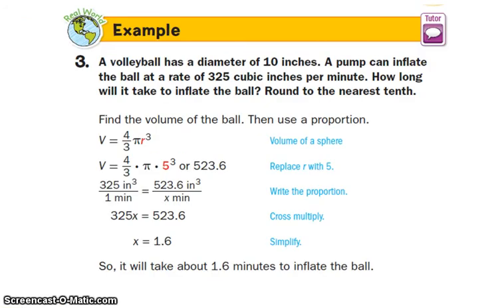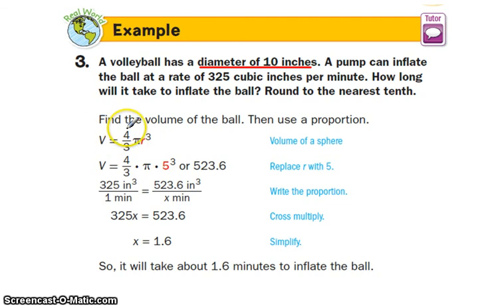Alright, on to the next example. A volleyball has a diameter of 10 inches. A pump can inflate the ball at a rate of 325 cubic inches per minute. How long will it take to inflate the ball? Round to the nearest tenth. What we have to do first is find the volume of the volleyball. They told you that the diameter is 10 inches, so the radius would be 5.